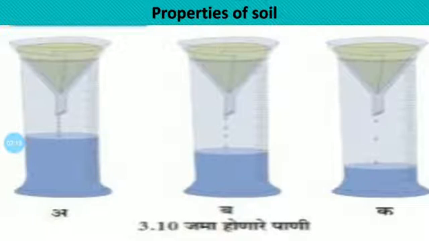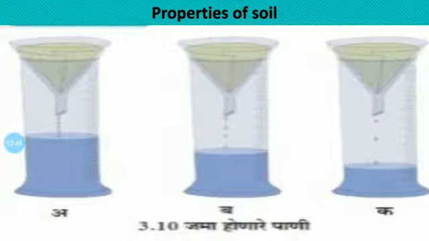Besides, they are indirectly useful in indicating several properties of the land. In this way, the properties of the soil, such as its fertility, drainage of water, and capacity to hold water, become clear from its color.